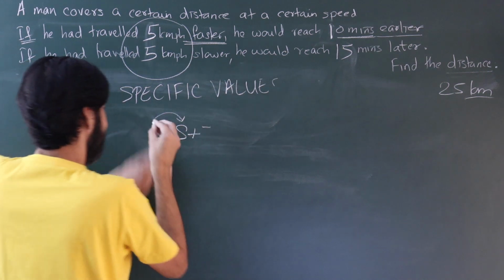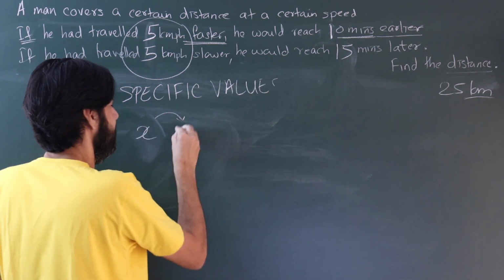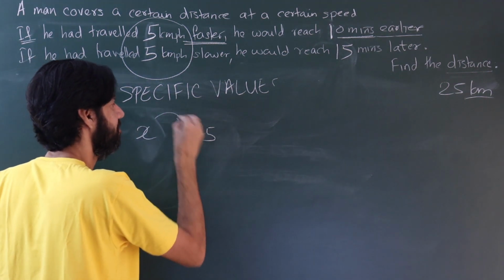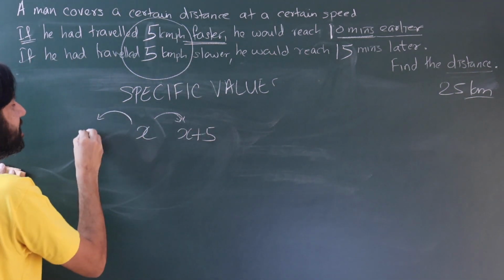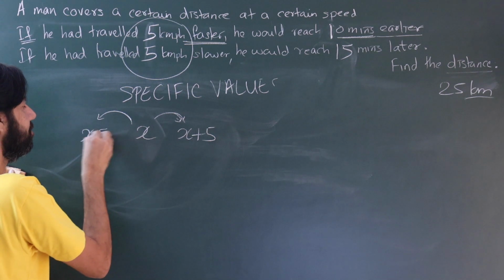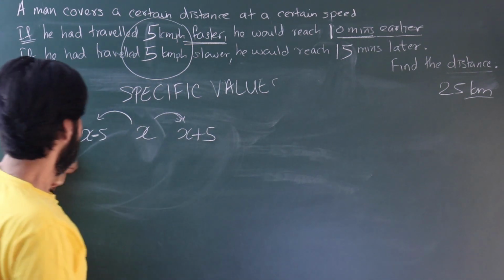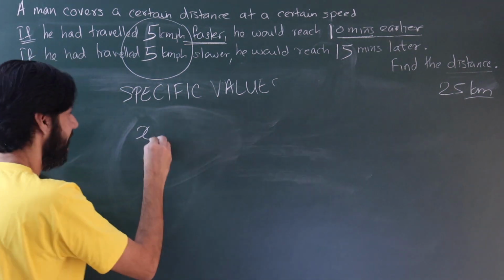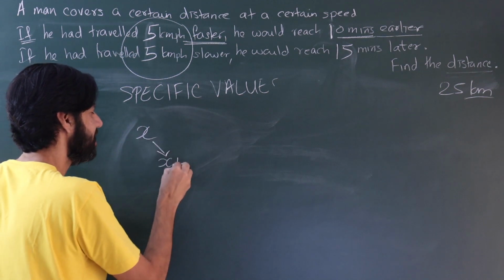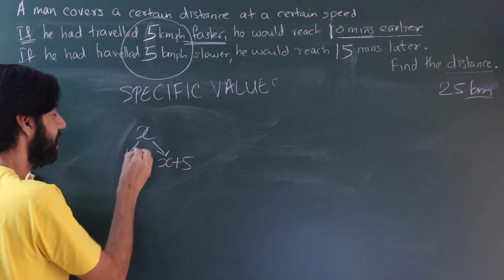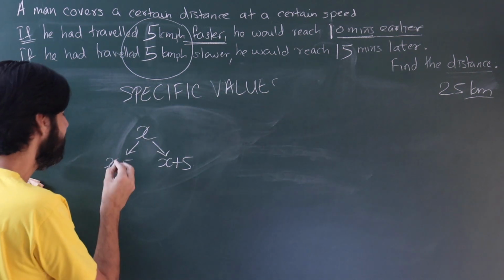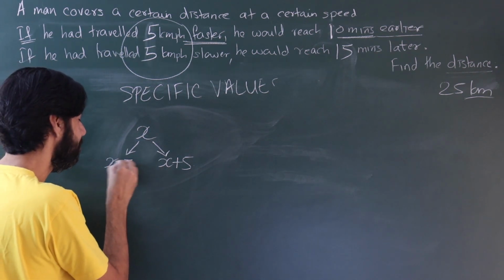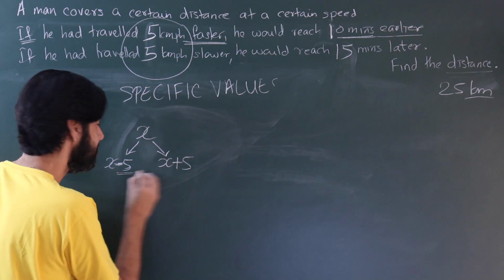Oh, I should use an x only. Yeah, it's easier. x plus 5. And in another situation is going to x minus 5. So this x is once becoming x plus 5 and once becoming x minus 5. And the specific part is this part. They both are same.